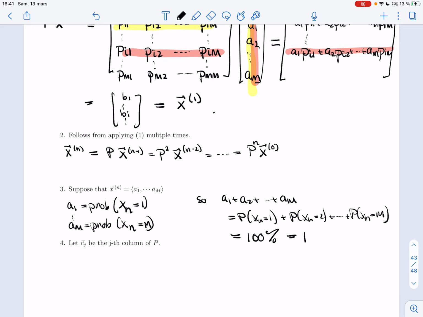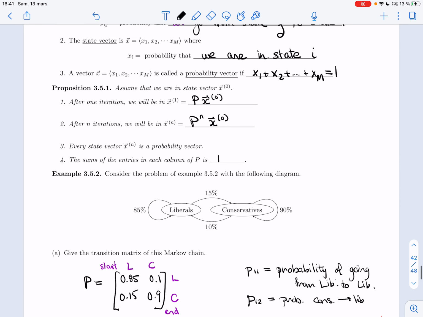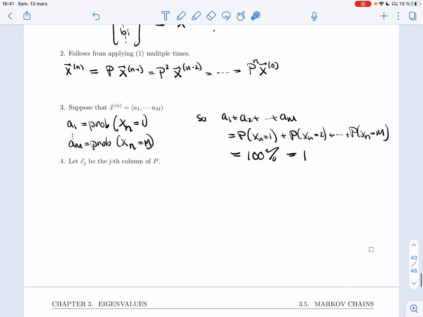All right, finally, the last thing I need to prove is that the sum of the entries in each column of P is 1, just like we saw here. So let x0 be e_j. That means you know you're in state j 100%. Then if I multiply P by x0, I'm going to get x1. But that's P times e_j.